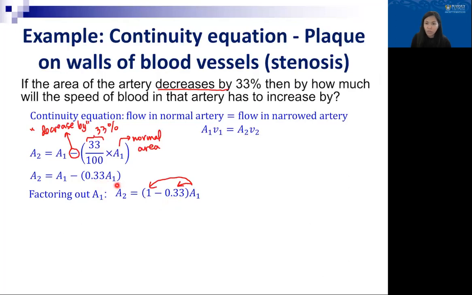So that's how you know that you've factored out A1 correctly. By factoring out A1, we are able to simplify the equation, because then you only have numbers inside the bracket. 1 minus 0.33 is 0.67. So that means A2 is equal to 0.67 multiplied with A1.